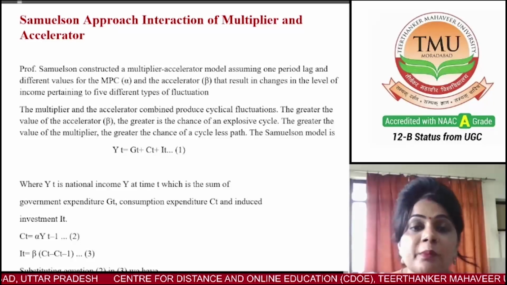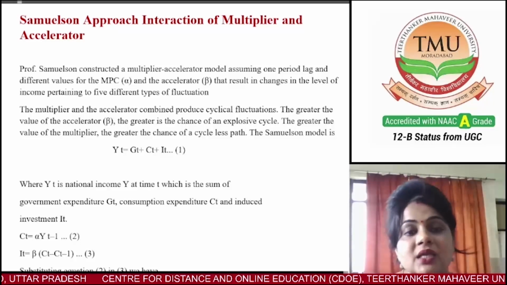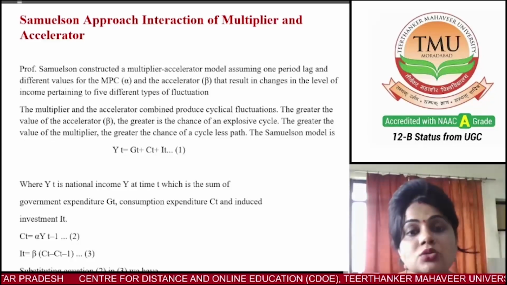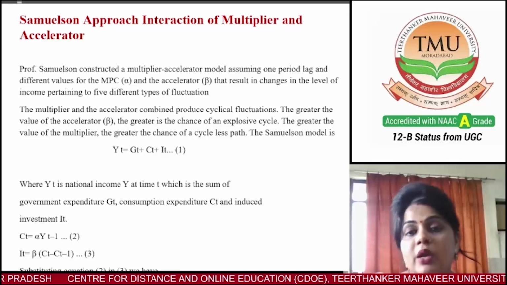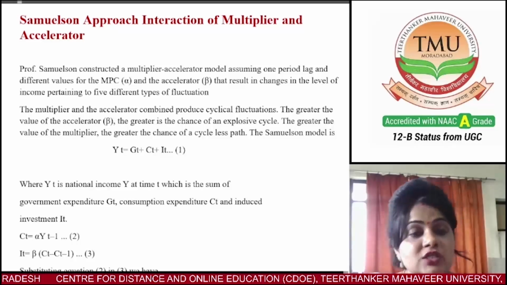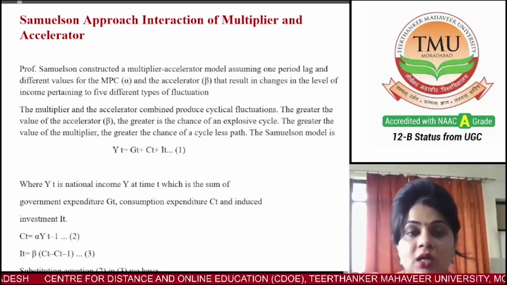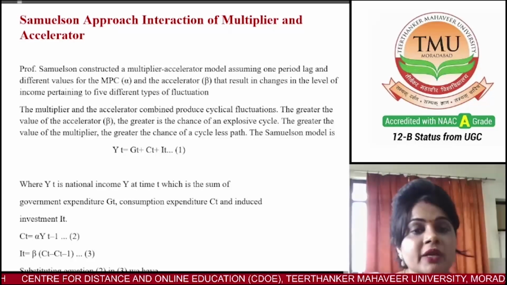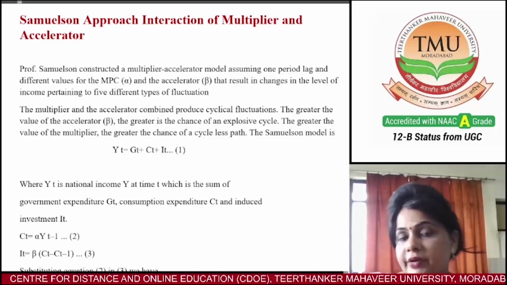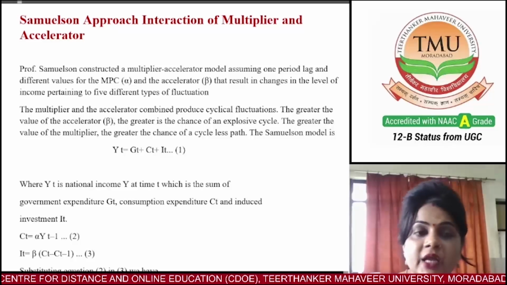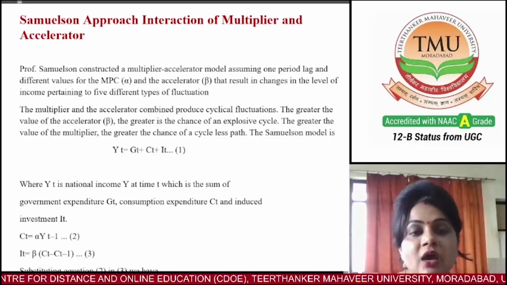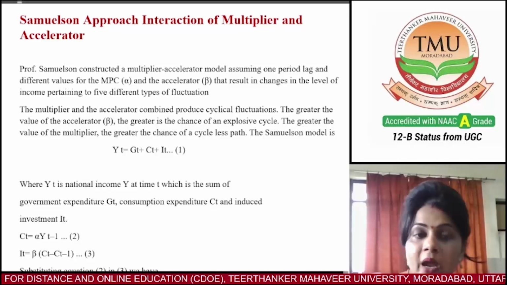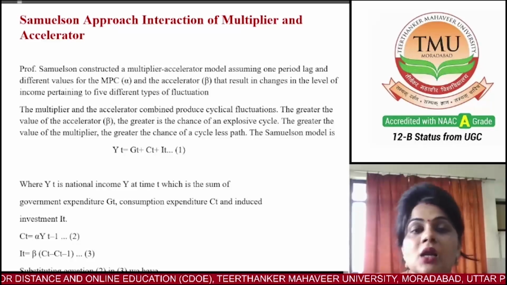The increase in income brings about an increase in aggregate demand for goods and services. To produce more goods, we require more capital goods, for which extra investment is undertaken. So the relationship between investment and income is one of mutual interaction. Investment affects income, which in turn affects investment demand, and in this process, income and employment fluctuate in a cyclical manner.